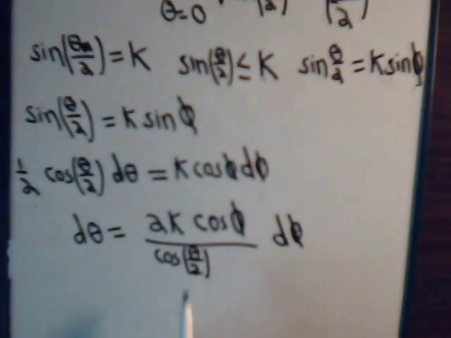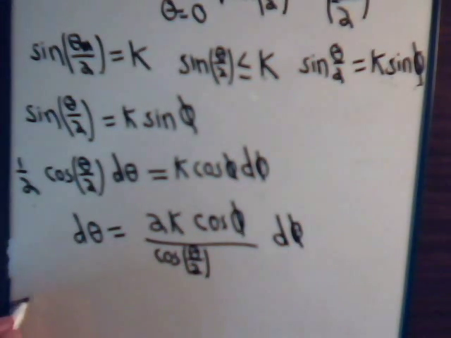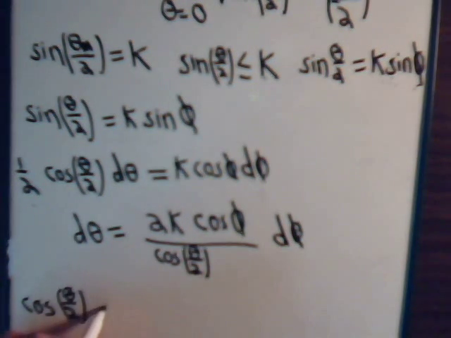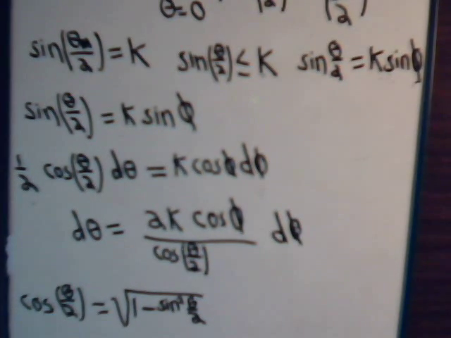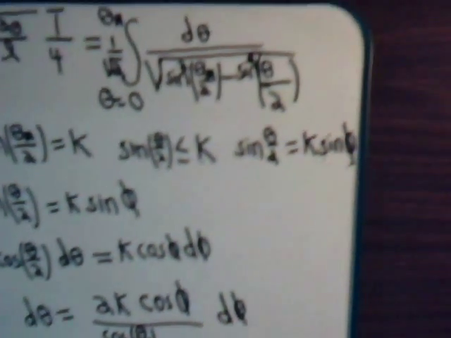Well, the cosine of theta over 2 is the square root of 1 minus sine squared of theta over 2. But now we have to go back to our substitution.